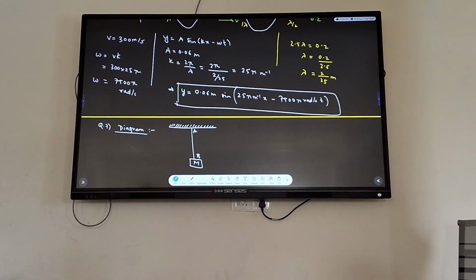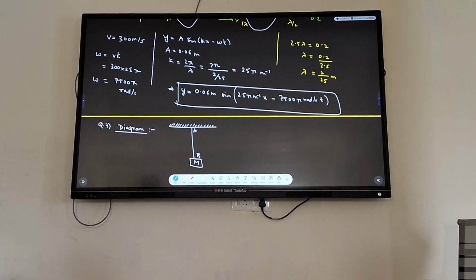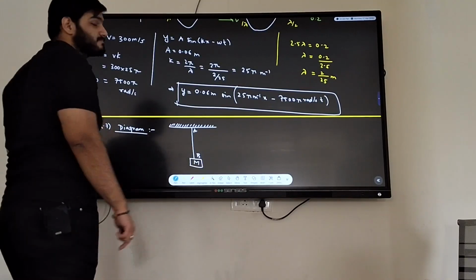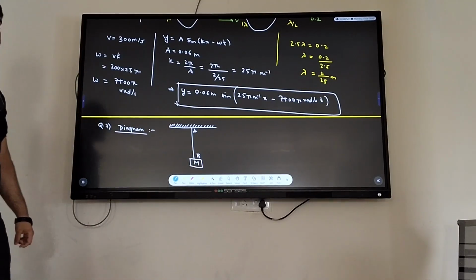At point B you should think what the wavelength should be. I think that's given in the question. Lambda. Okay then, I'm starting with the question.